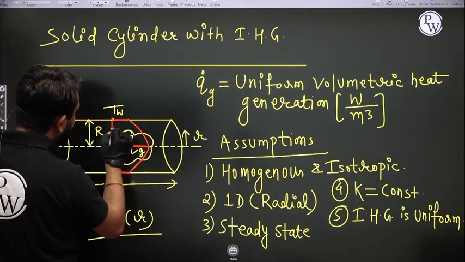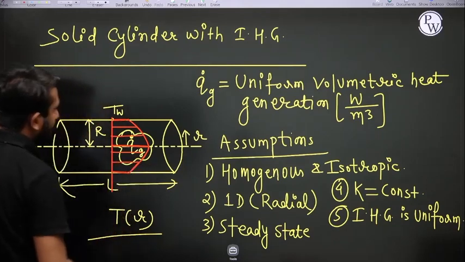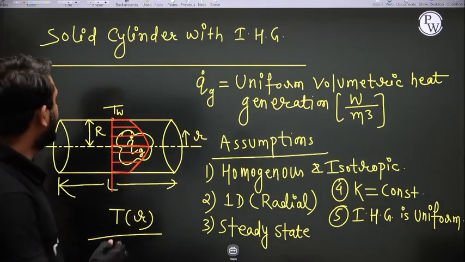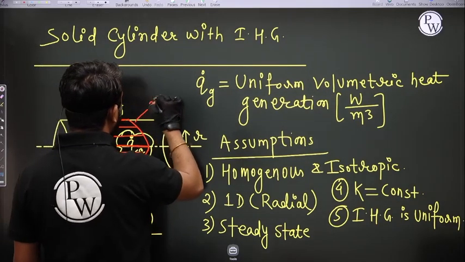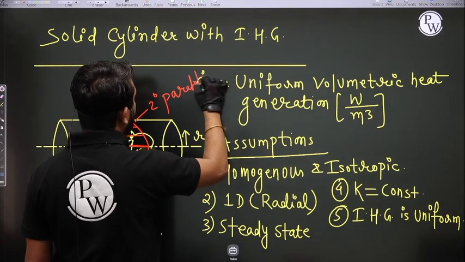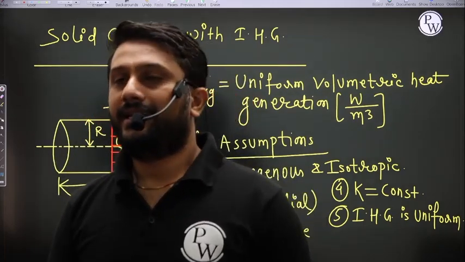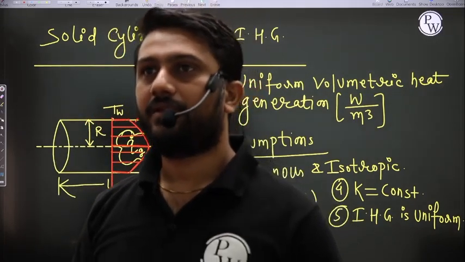This is the temperature variation, a second degree parabola. Is it clear?